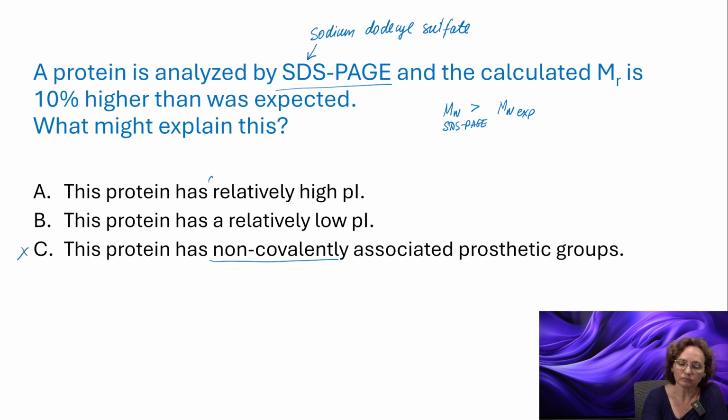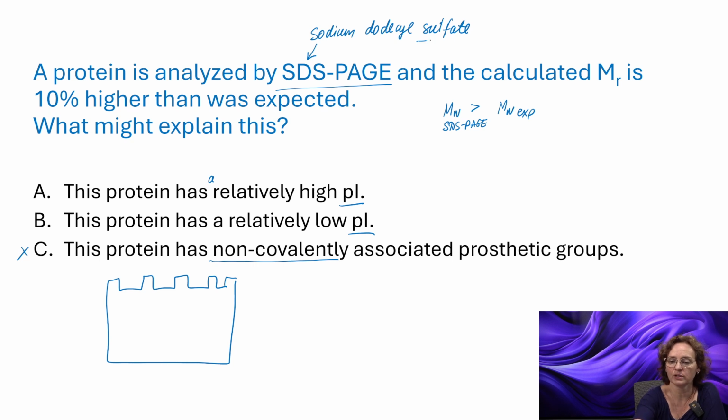Now, let's look at the pI. So for gel electrophoresis, what you have is, because sodium dodecyl sulfate is negatively charged, its binding to the protein renders all proteins negatively charged.